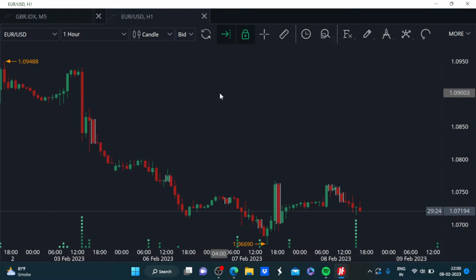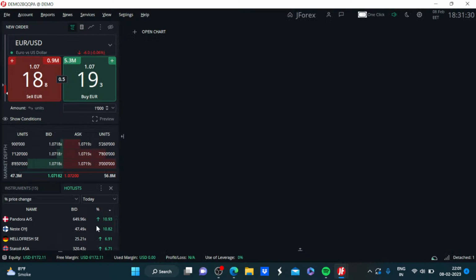So here we have these hot stocks for the day, for the hour, for the week, whichever is your time frame, you can opt for it, and accordingly this list will show you the stocks which have increased or declined substantially for that chosen time frame. So for today's session, we are seeing Pandora AS and Neste OYJ gaining more than 10 percentage points, and in decline we have Nokia, Rencat and Kingspan Group declining substantially.